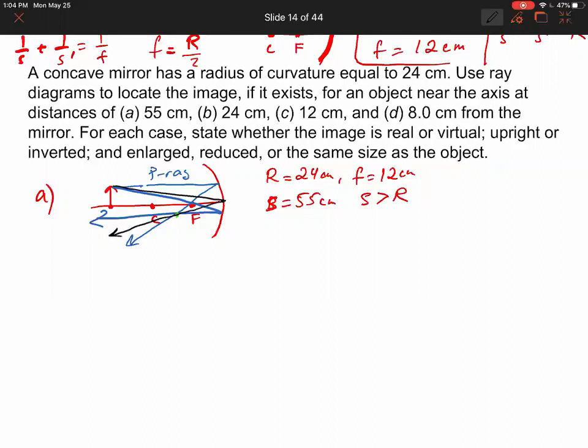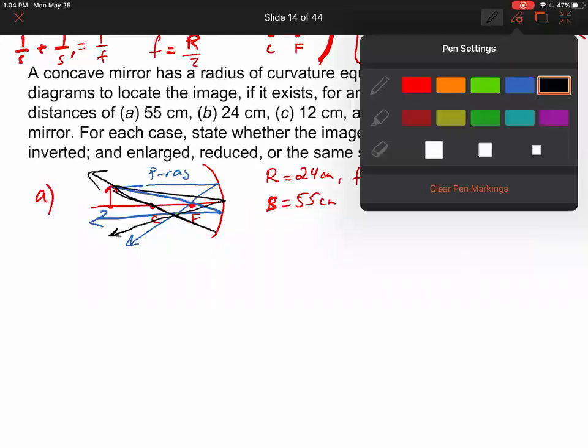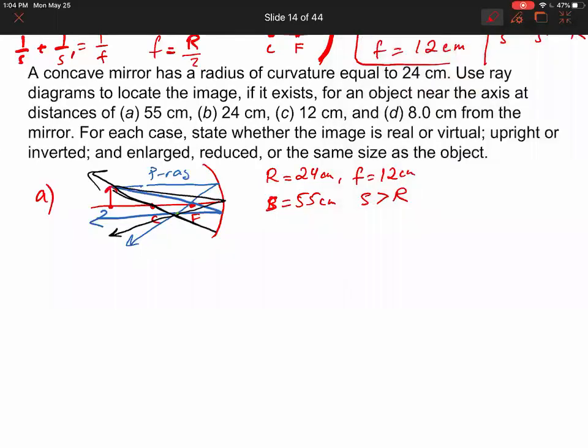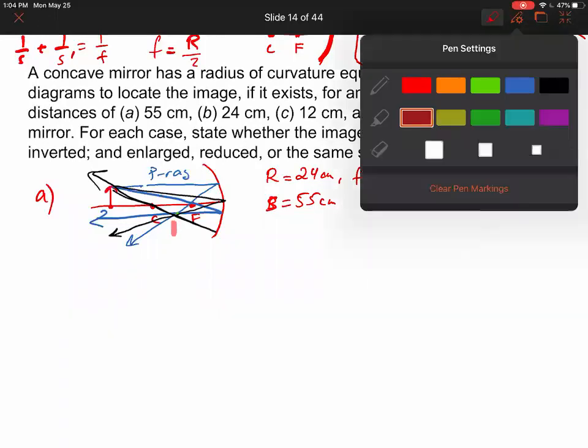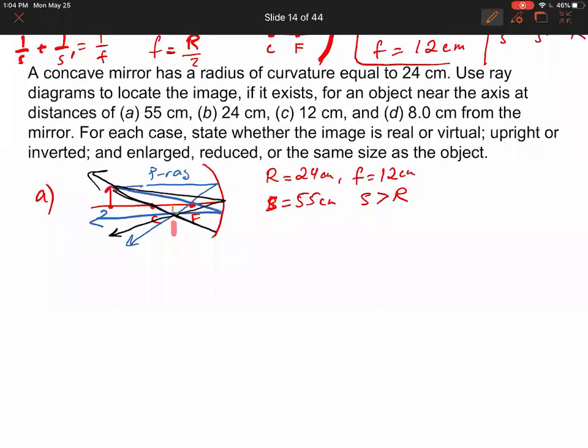It also intersects at that point. Or the one that goes through the center of the curvature goes like this and reflects back on itself. You can see all of them converge at that point. That means I can label that point Q prime. Okay, so this is where my image is.